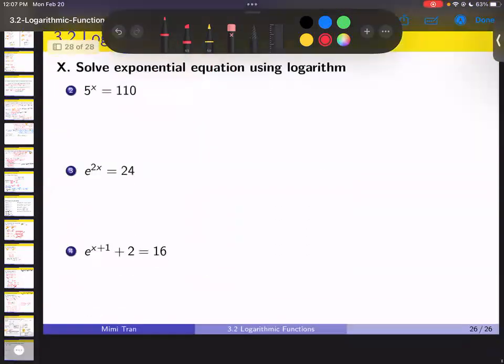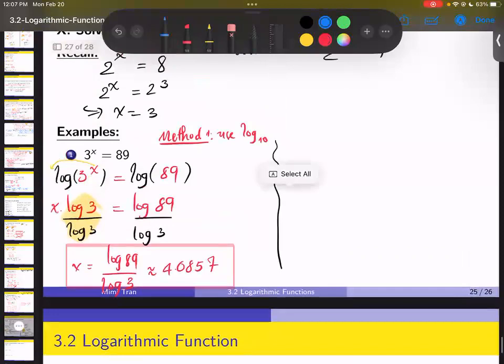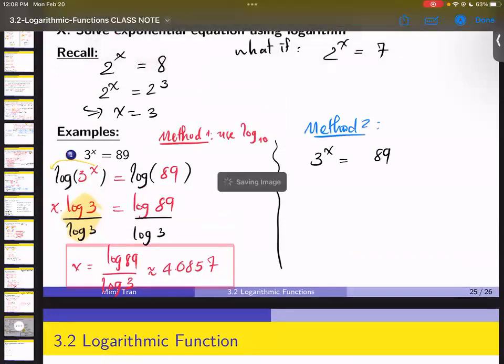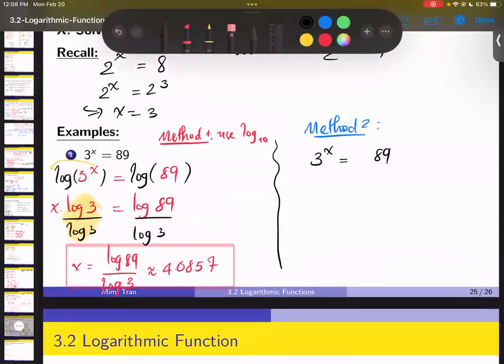The other method, method 2. So let me rewrite the problem. 3 to the x, leave a little space between the equal sign and then 89. I'm going to take log base 3.